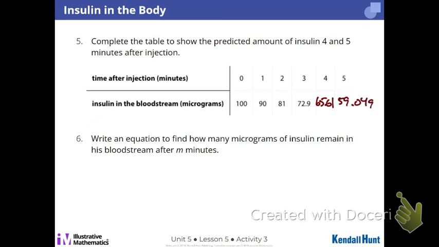Okay. You all going to help me write an equation. How many micrograms are remaining after m minutes? So I'm going to say f of m. What's my initial value, everybody? 100. What's happening to it? 9/10 is left. How many times? m times. Depends on the minutes. This is the function for any number of minutes.